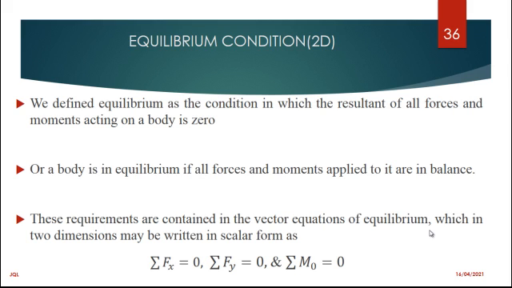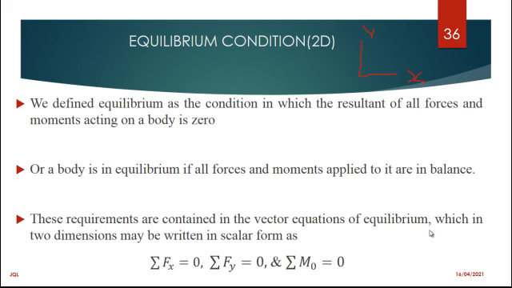Equilibrium condition for 2D. We know that in 2D we always have our usual X and Y. The condition of equilibrium is defined as a condition in which the resultant of all forces and moments acting on a body is 0.